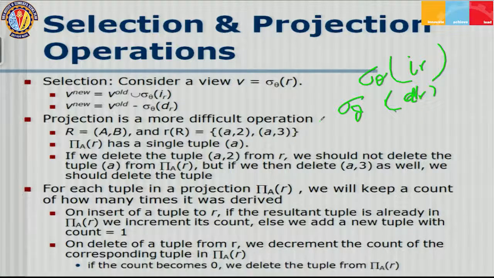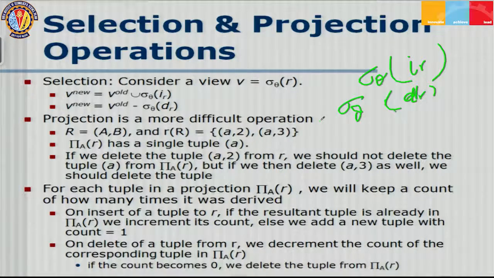So suppose you have R is equal to AB. So this is a relation which has two attributes, and let me take an instance of R which is represented by small r, which has two tuples in it, A2 and A3. A is the value for the attribute A, and 2 is the value for attribute B, and similarly the next tuple that you have.